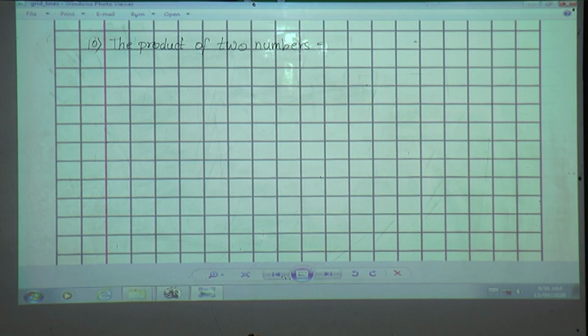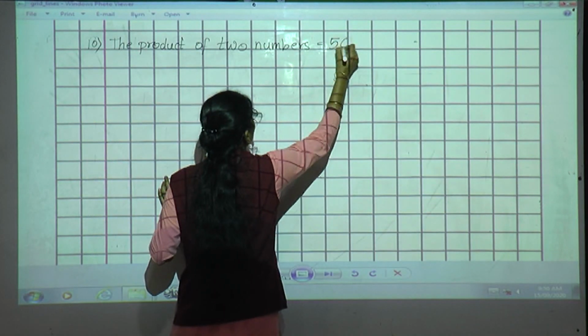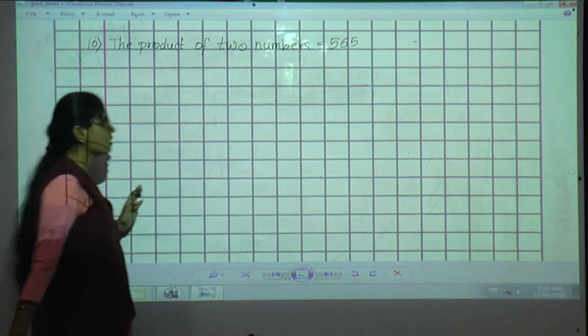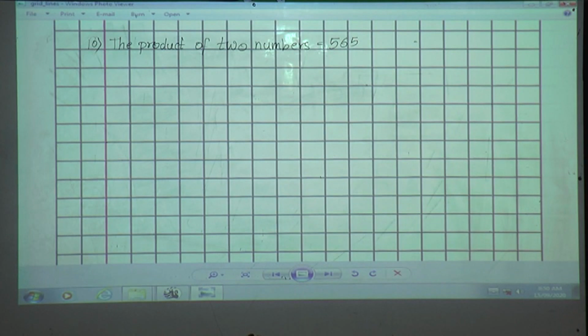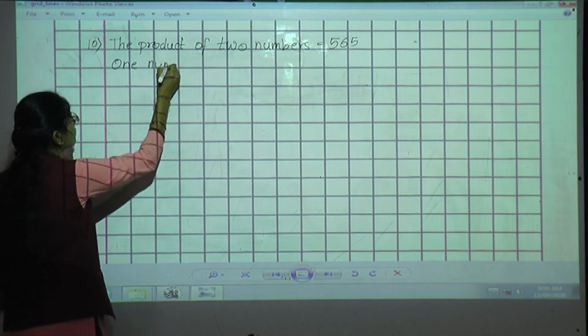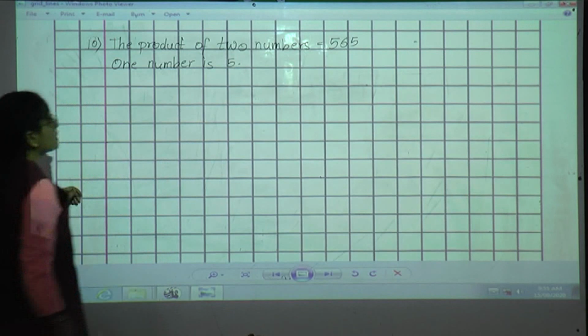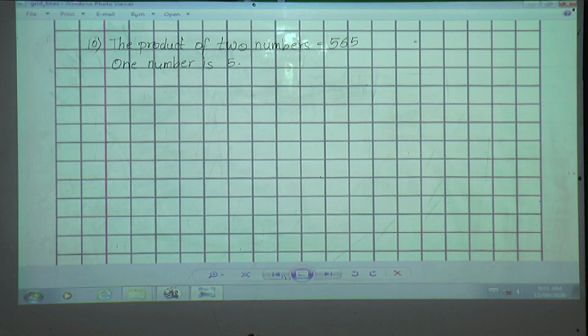If one of them is 5, the product of two numbers is 565. If one of them is 5, it means one number is 5. And what do we have to find out? Yes, find the other number. So what will we do?